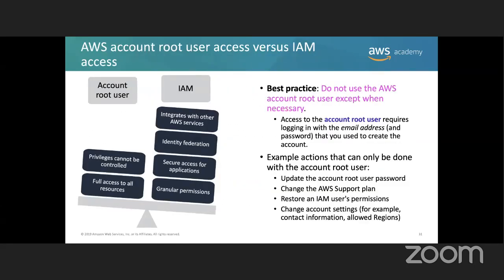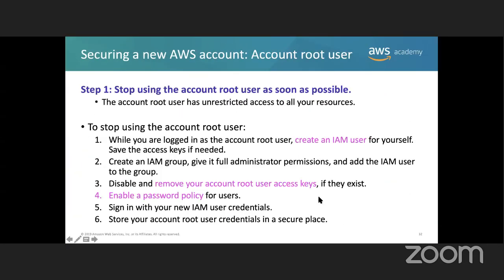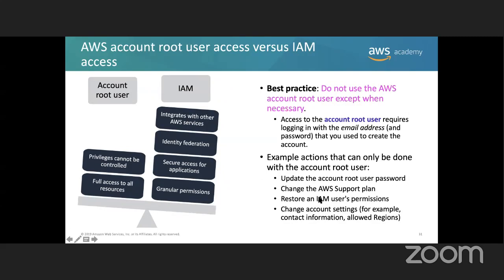Just in case I have Dunieski as a user and I want to change Dunieski's permissions, then I would have to use the root account for that. Change account settings, for example, contact information, allowed regions. You can control the allowed regions in your account. These are some of the examples of when you can use the root account.